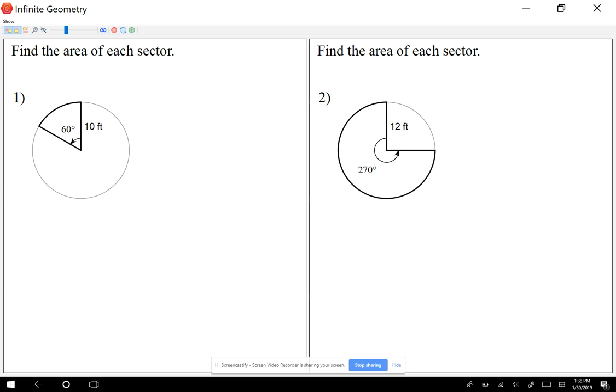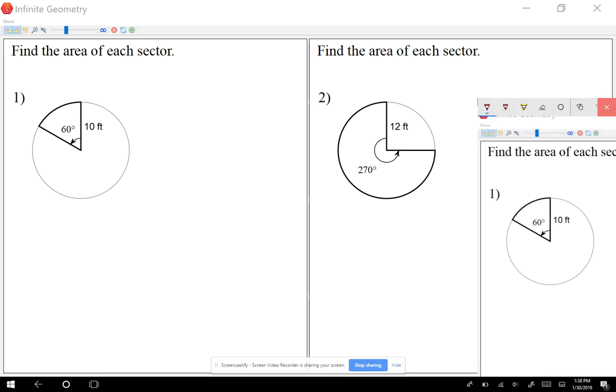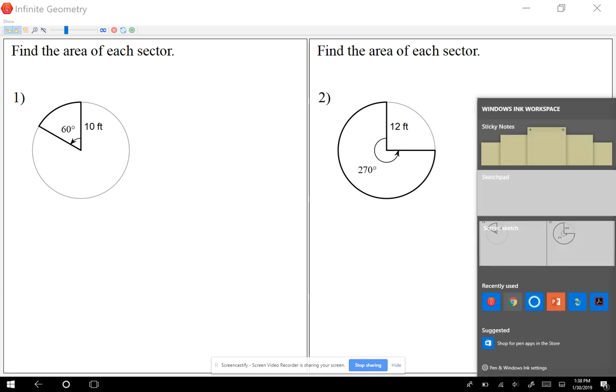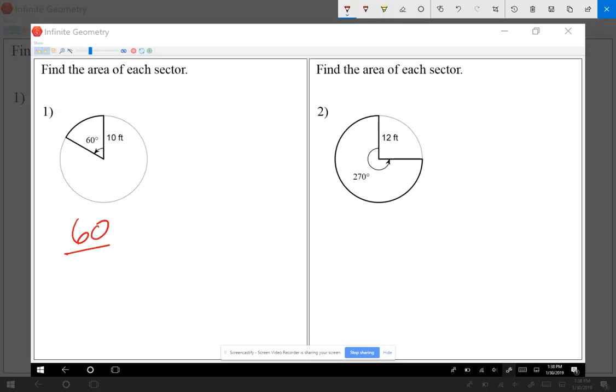Here, I'm going to go 60 over 360, because this is how much of the circle I have. So 60 over 360 times 100 pi over 1. This is radius squared, right? 10 squared. Now the first fraction, 60 over 360, let me divide each by 60. I get 1 over 6.